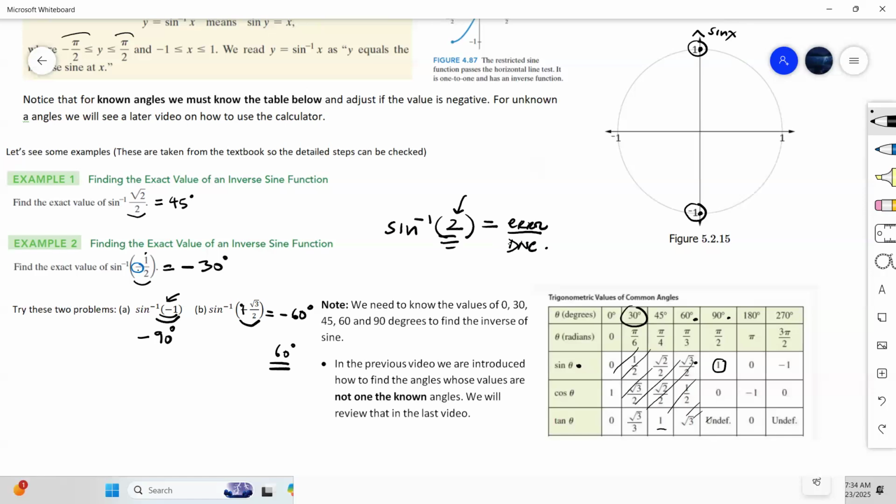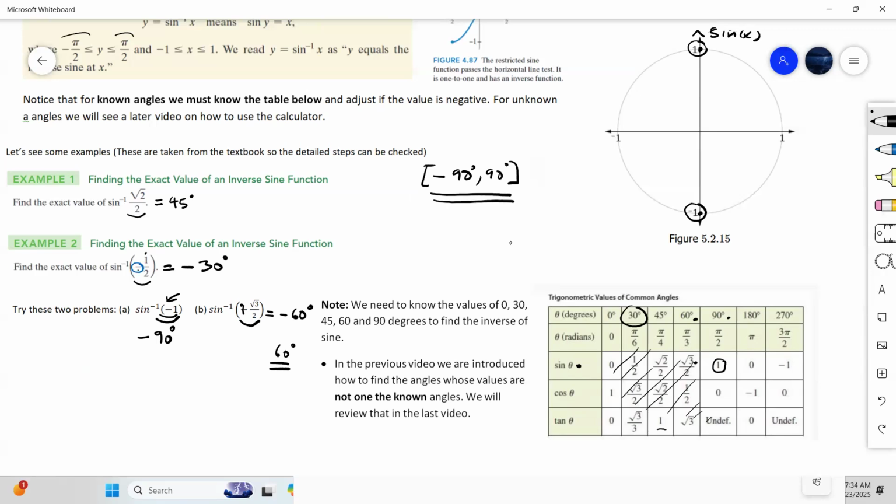but so that you know how to find these inverse functions. Okay, so this is sine inverse. The most important thing that you have to remember is that the y-axis is the sine axis, and the function goes from -90 degrees to 90 degrees.